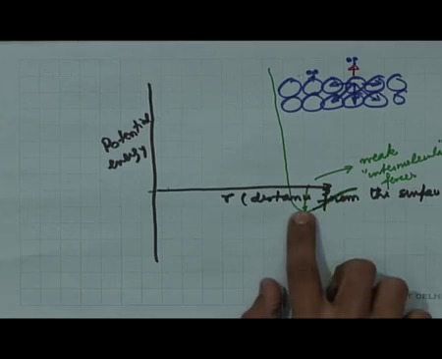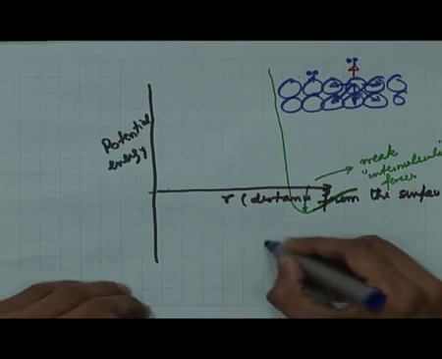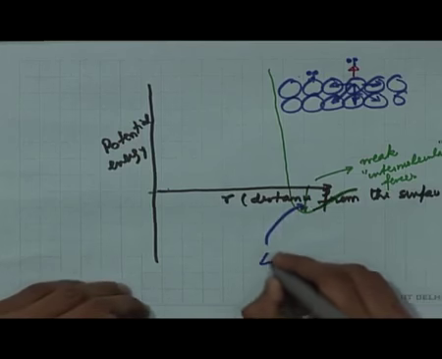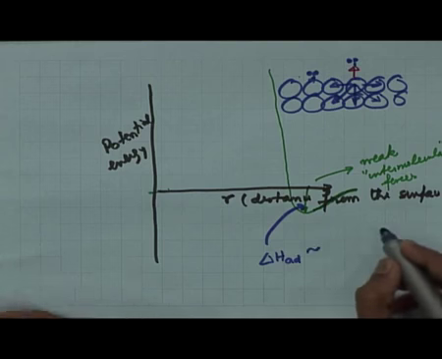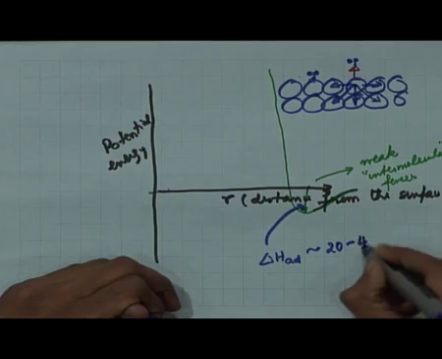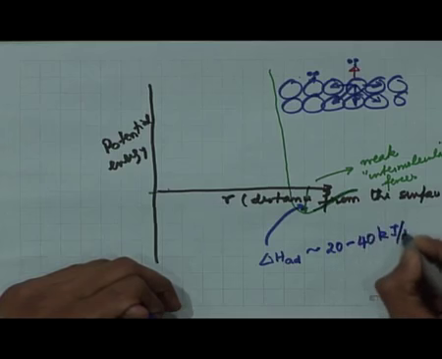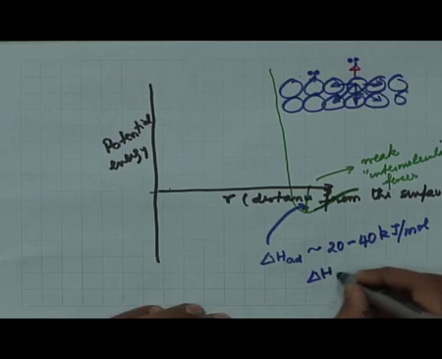And since it is a weak intermolecular force, this delta H of adsorption is of the order of about 20 to 40 kilojoules per mole, typical of the kind of delta H of condensation.